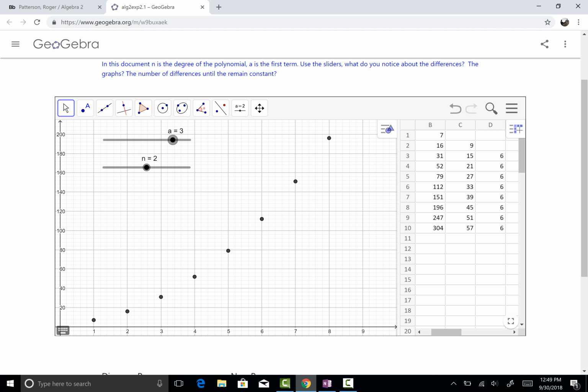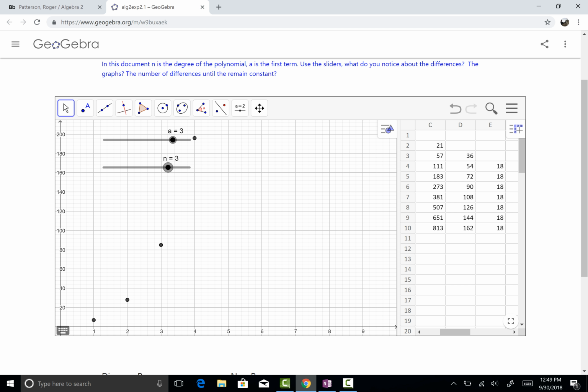Let's find out. Make this 3. Check out the differences. And that constant. Come on, slide over. It's inching its way over. 18. Wait a second. That's definitely not 3 times 3, right?